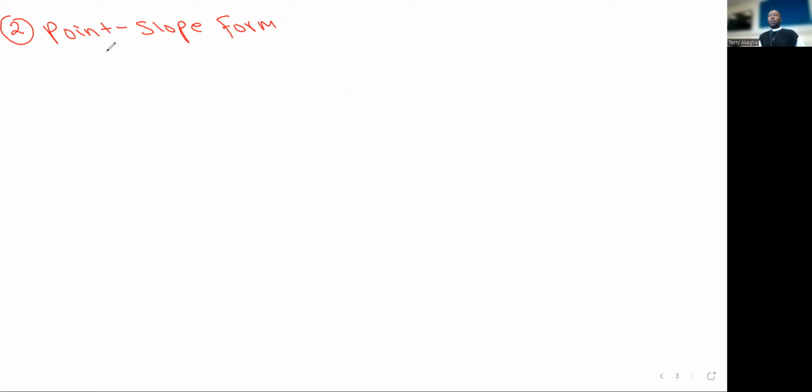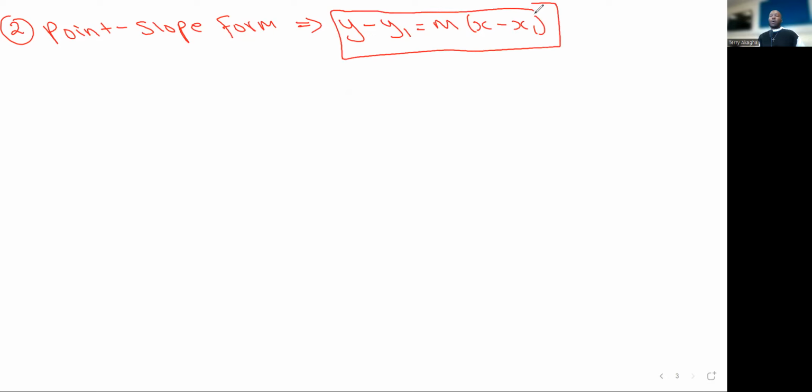So the next one is what we call the point slope form. It's usually written in the form y minus y1 is equal to m times x minus x1.